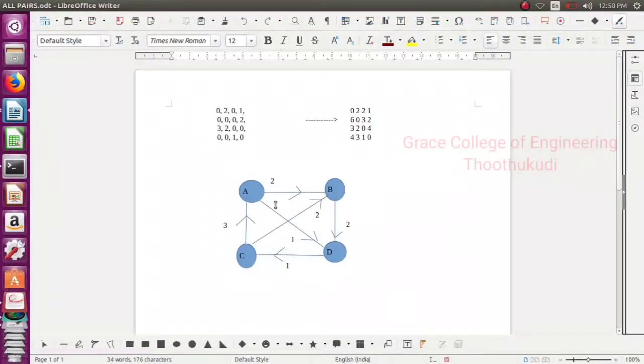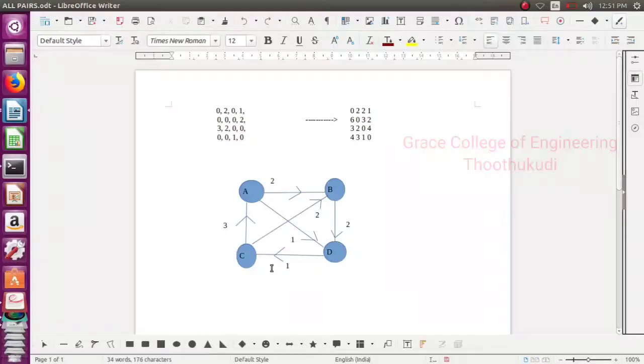Then start from vertex D. Find the shortest distance from D to A. Here we have only one path, D to C, then C to A. So the distance is 4. Then D to B, here we have two paths. We can move from D to C, C to A, A to B, where the cost is 4 plus 2, 6.